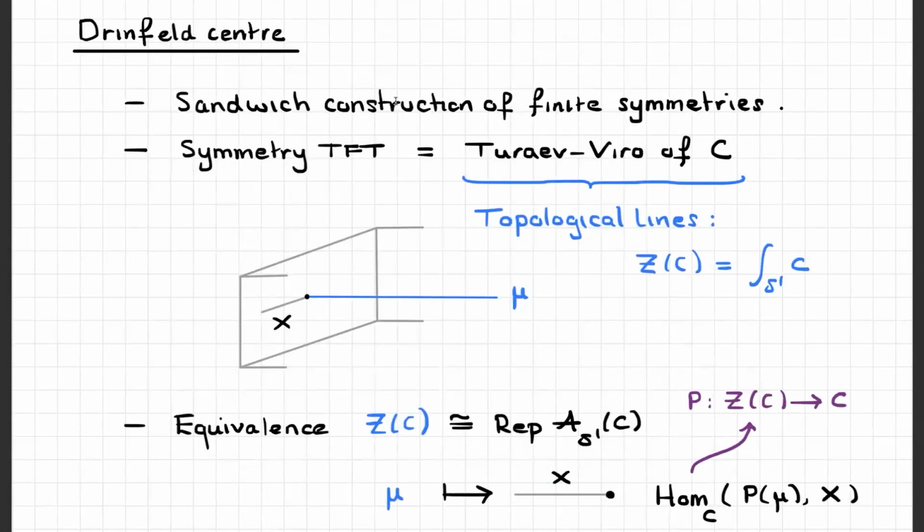Okay, so then there's an equivalent picture where you study this sandwich construction. So now instead of just an intrinsic two-dimensional theory, you imagine building that two-dimensional theory by starting with a slab, where in the middle of the slab, you have the 3D Turaev-Viro theory that you build from C. It's a TQFT, sometimes called the symmetry TFT.